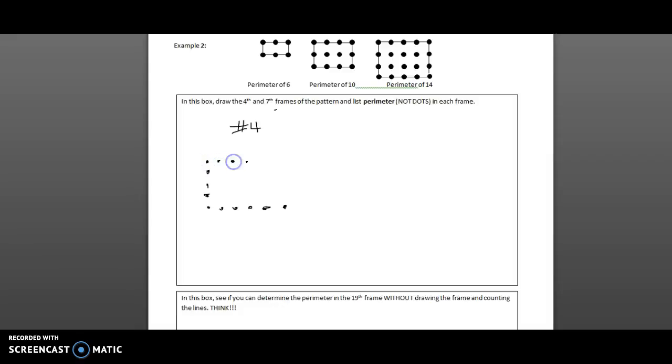Alright, so I'm just going to match these up across the top, down this other side, and then I need to draw lines to connect my dots.